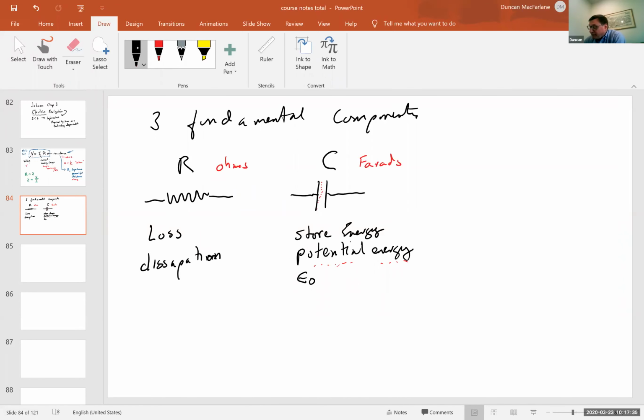And the last element is L. In a few lectures, when I have more confidence with Zoom, I might actually call on somebody to tell us the role of the inductance. I'm feeling a little bit shy on our very first outing, so I'm not going to do that.